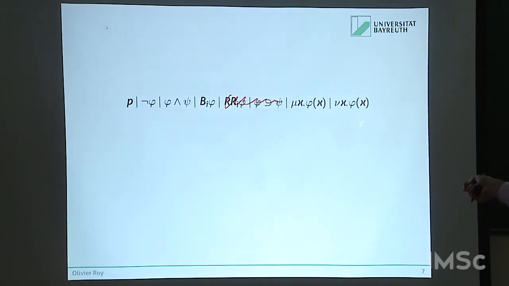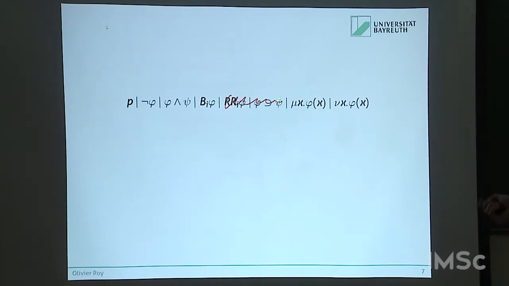And we have two fixed point operators; you can actually just use one, but for simplicity, let's use two. And variables that you can apply to a formula. So if phi is a formula, you can replace some of its sub-formulas, I'll tell you how it goes in a minute, by some variables and form the formula mu x phi(x).